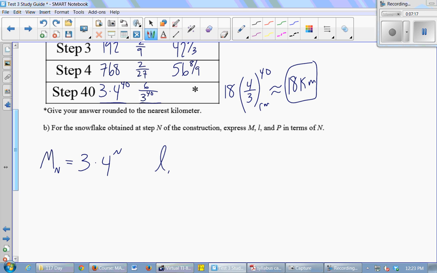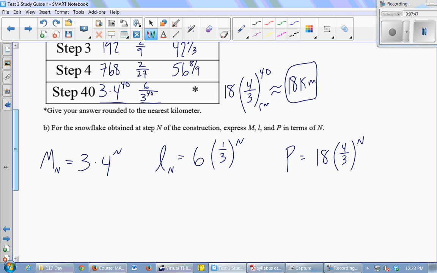And L sub n, the length of each side, I would say, well, I'm starting with a length of 6, and I'm dividing by 3 or multiplying by 1/3. Those are the same thing, n times. And for perimeter, my perimeter starts at 18, and then I'm multiplying by 4/3 n times.